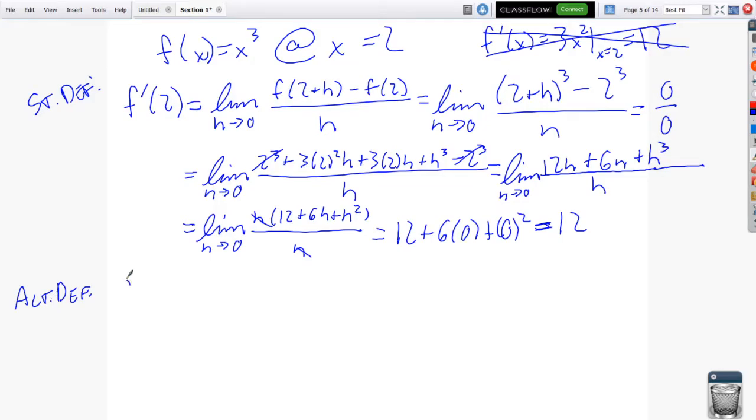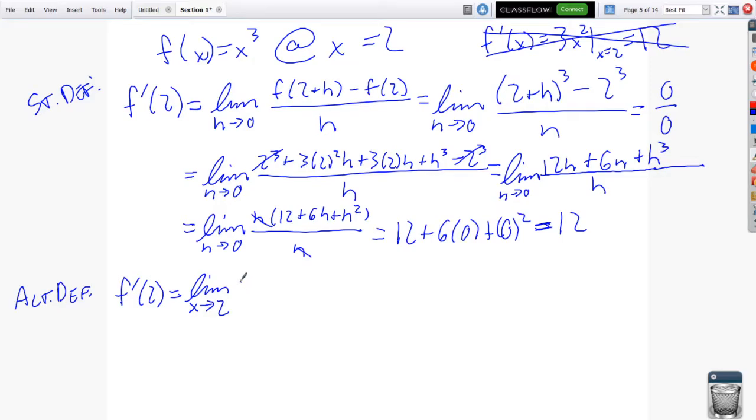So here, I can find, again, f prime of 2 is equal to the limit. And when we're using the alternate definition, we want to say the limit as x approaches whatever the value is up here. So in the alternate definition, when it says at x equals 2, that x value from up here becomes your a value down here.